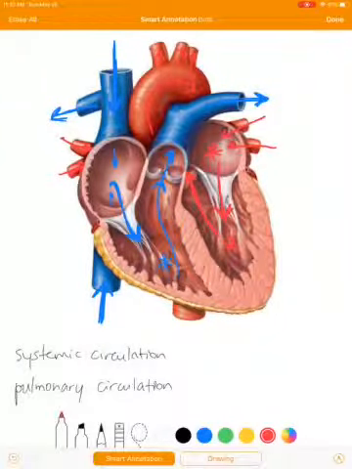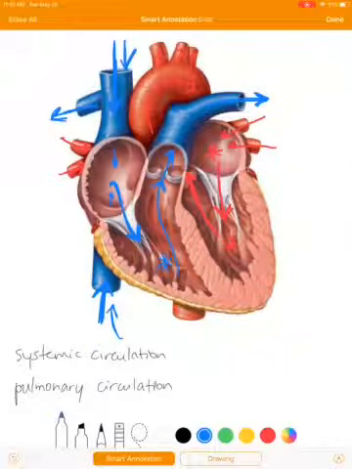It'll drop off oxygen, pick up carbon dioxide, and then all of that deoxygenated blood will come right back to where we started, back into the superior and inferior vena cava. All right, and the whole thing will start all over again.